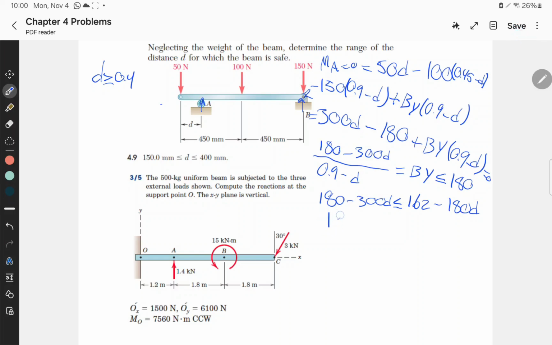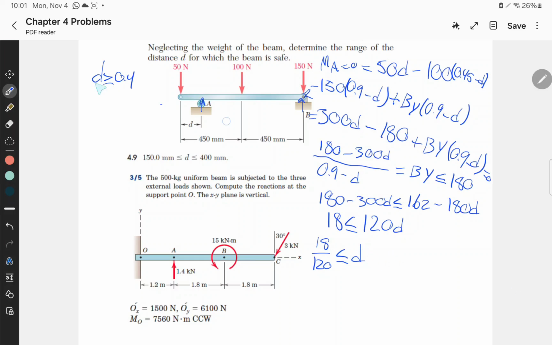And then that's gonna give us 18 is less than or equal to 120D. And then we're just gonna divide this. I'll keep it on the same side, 18 over 120 less than or equal to D. And that's 0.15 meters.